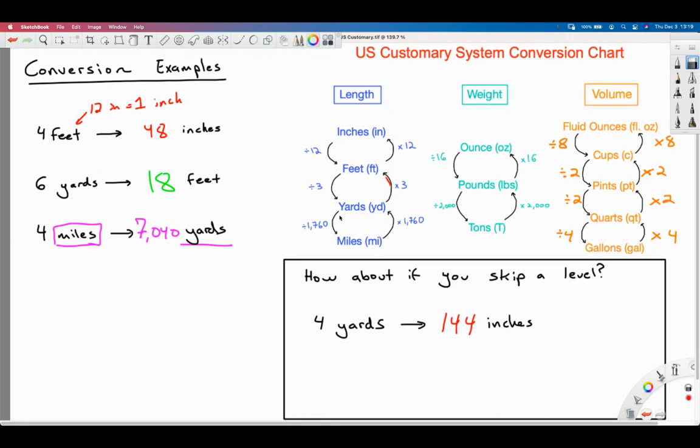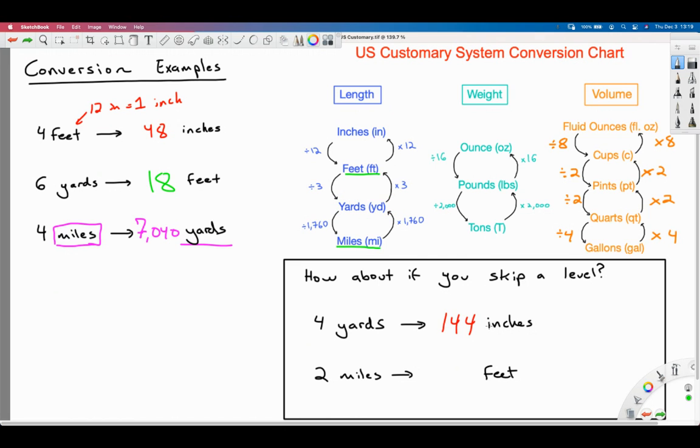To go from 2 miles to feet, we first want to find where our miles are, which is at the bottom, and our feet, which are up here. We're skipping over a level. Do we see how we're not even using yards?